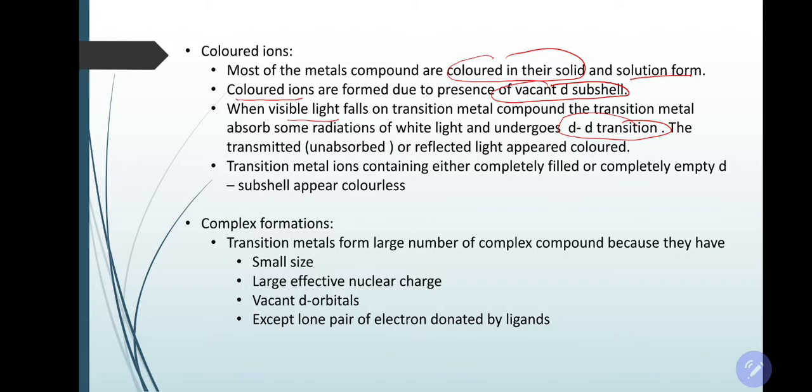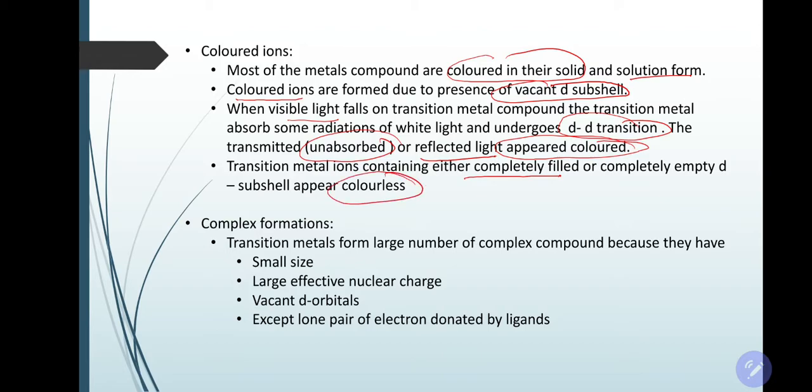So the transmitted or unabsorbed or reflected light appears colored. The light which is not absorbed will appear colored. Transition metal ions containing either completely filled or half filled subshells will appear colorless.